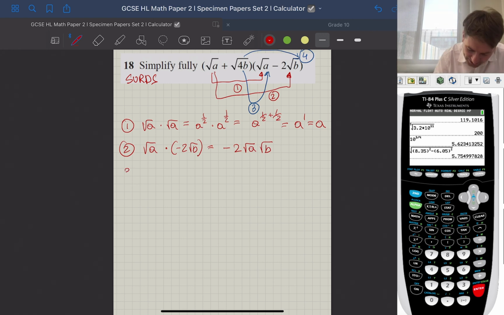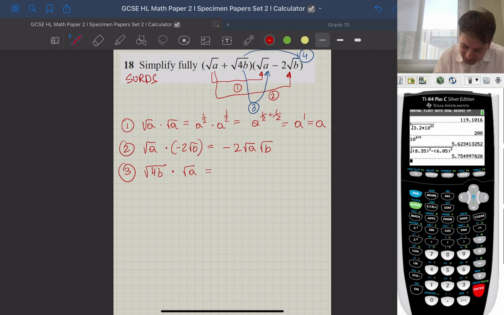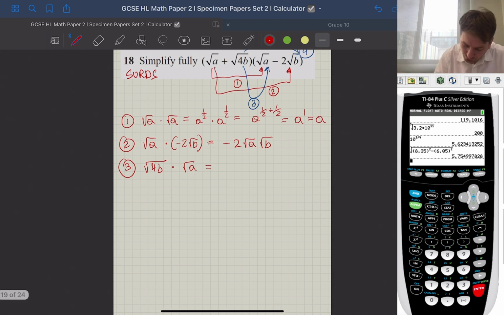Number 3 is root 4b times root a. So first of all, I am going to tidy up the first one, because root of 4b can be written down as root of 4 times root of b, and root of 4 is 2, so this is 2 root b times root a.